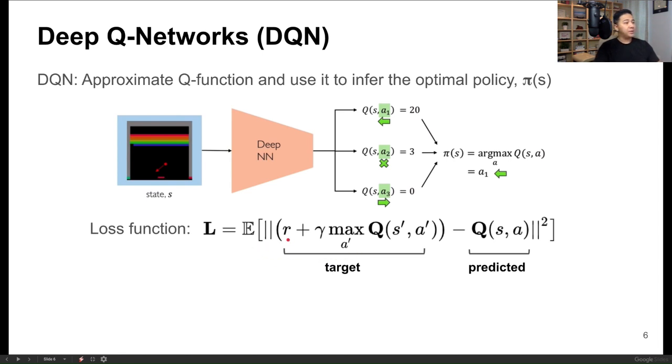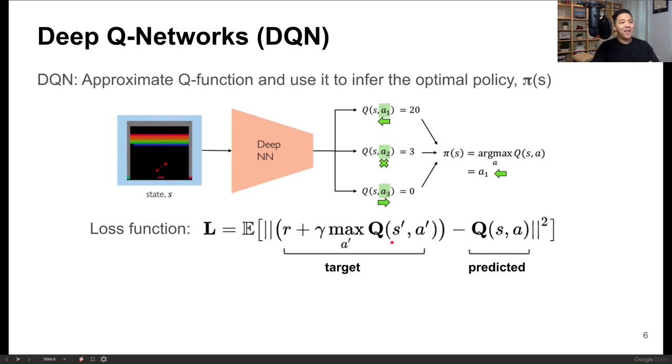In particular, you're going to look at the reward for the current action and the future reward with some discount, and the maximum Q value for taking the best action, right? So in order to calculate this, you need to move to a new state, because this is the future state. So you have the state S prime here. So what happens here is that you have to pass the signal again through the network to calculate it, right?